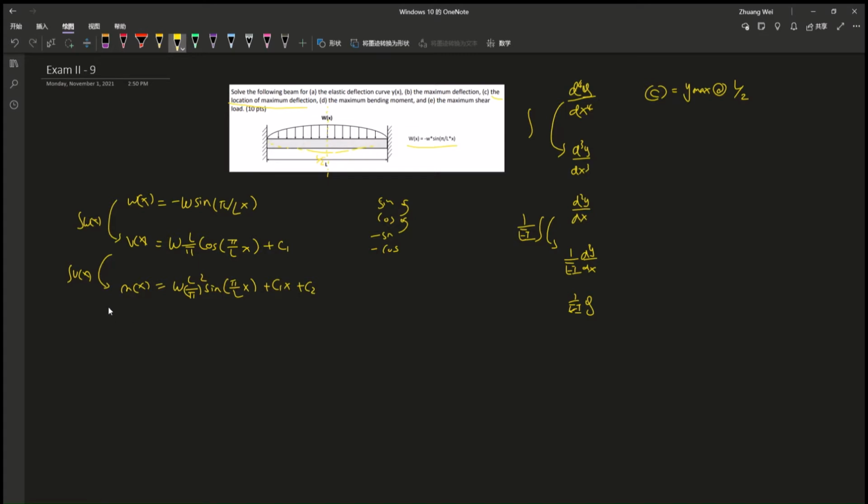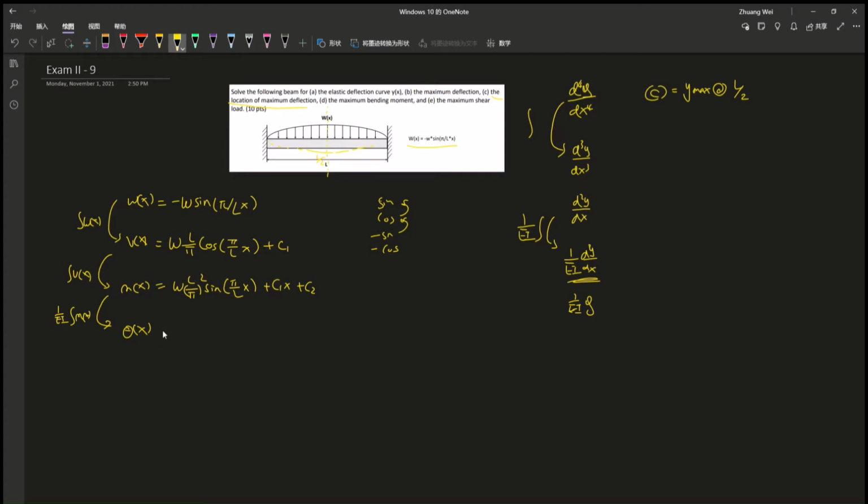And now is where things get a little interesting, which is the rotation. There's a different way to write it, or there is this kind of formality, but this will be the 1 over EI.